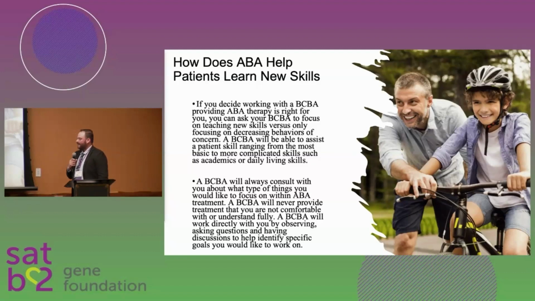A BCBA will also never provide any course of treatment that you are not comfortable with or are not completely in lockstep with. We will never suggest you go out and buy things.